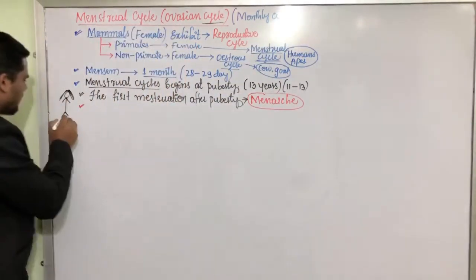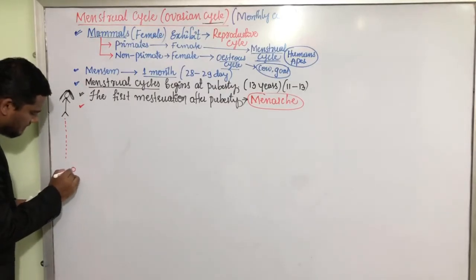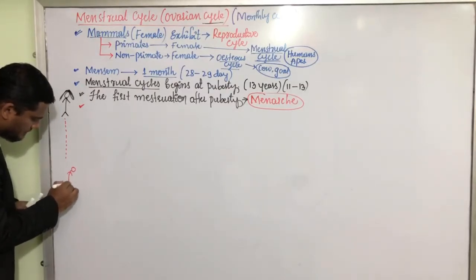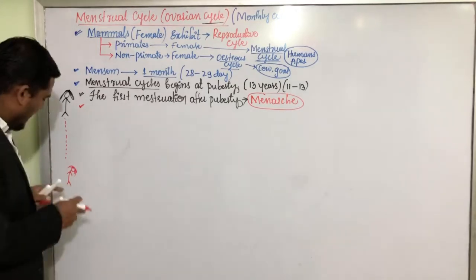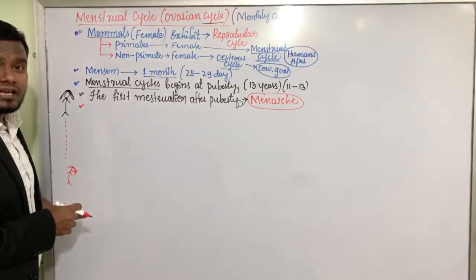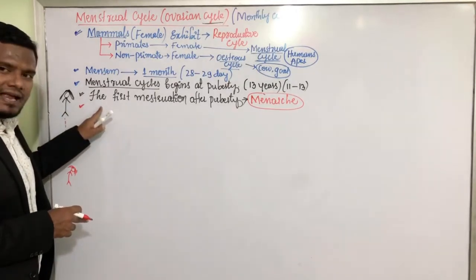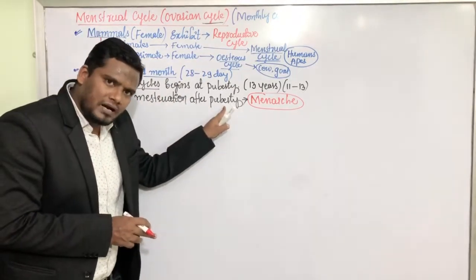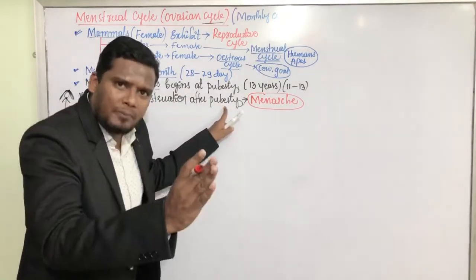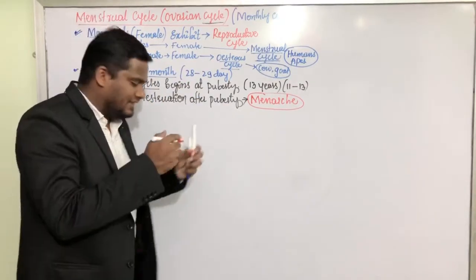अब ये लड़की जवान हुई, शादी हुई, अब ये लड़की बूढ़ी हो गई. क्या ये बूढ़ी औरत में भी menstrual cycle होता? नहीं. Menstrual cycle, it starts at the puberty and it gets stopped at a particular age in females.